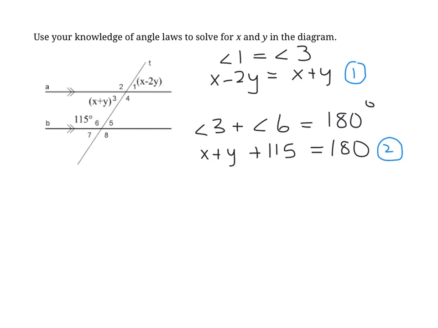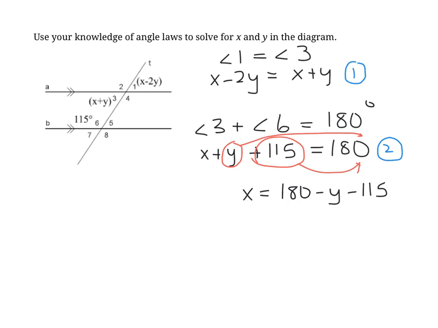So if I want to isolate for the letter x, that means I need to take this y and bring it over to the right-hand side, and I need to take this 115 and bring that over to the right-hand side. So if I were to do that, that would leave me with x is equal to 180 minus y minus 115.